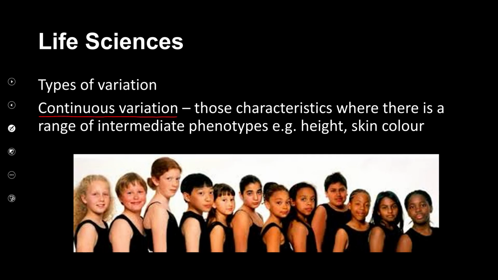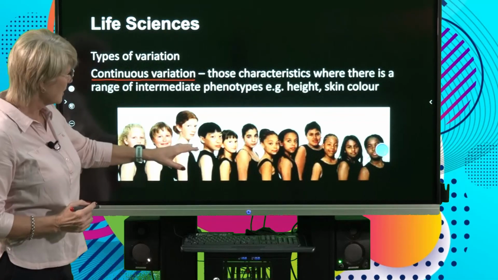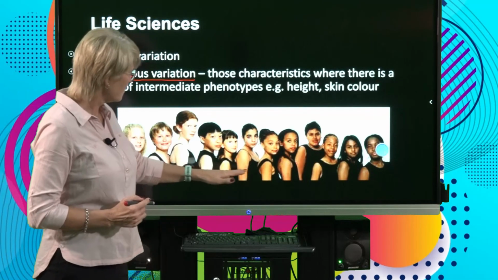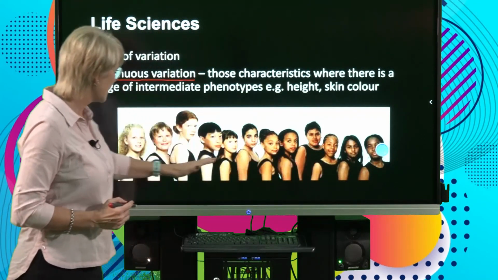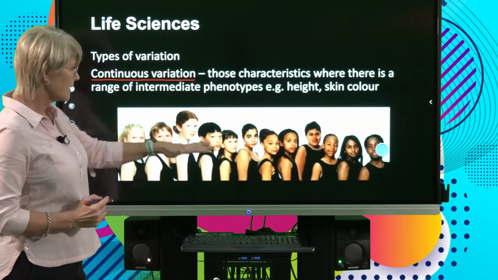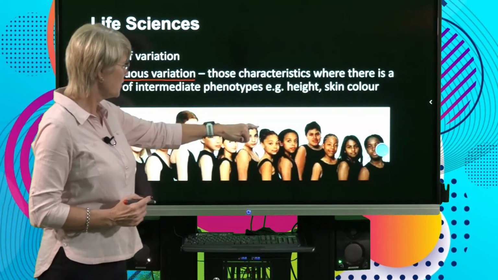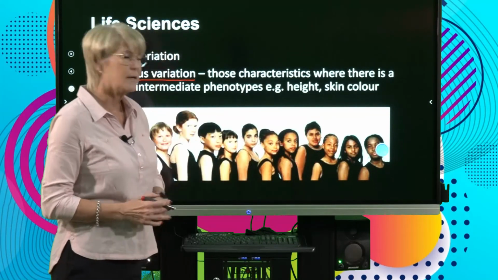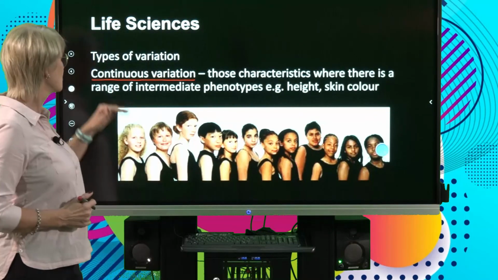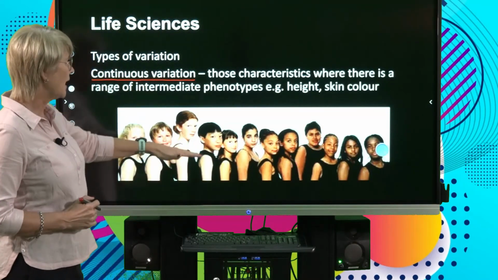A very good example is in this diagram that shows skin color. You can see that all these little girls have various ranges: a whole range of skin color, hair color, eye color, even their height. A very good example of a characteristic with continuous variation is height.